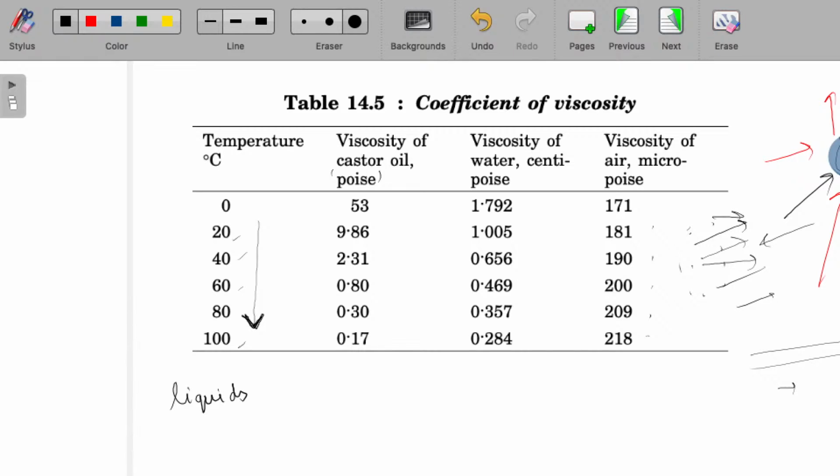This is your Vrms. So you see here it is independent of pressure. It's only dependent on the temperature. So as long as temperature remains constant, even if pressure is increasing or reducing, the viscosity won't change.